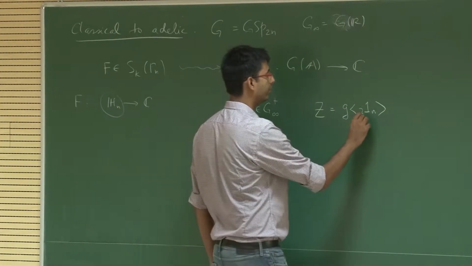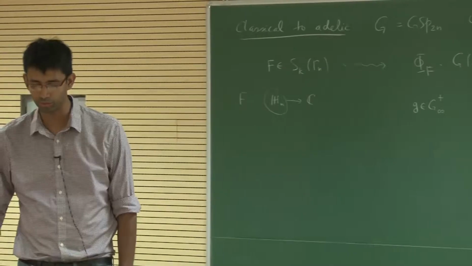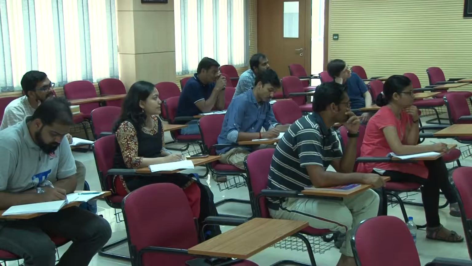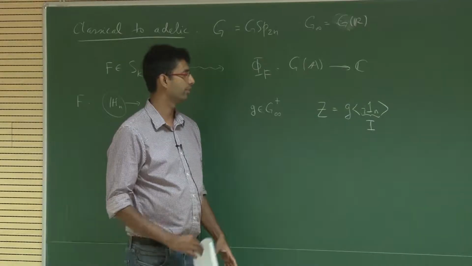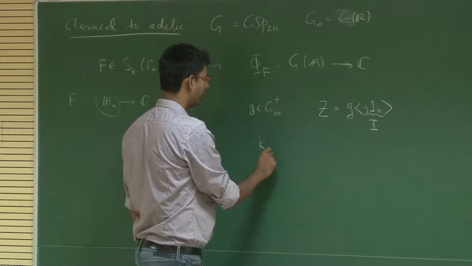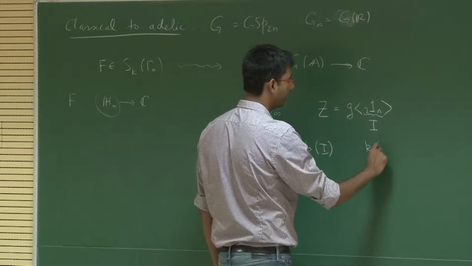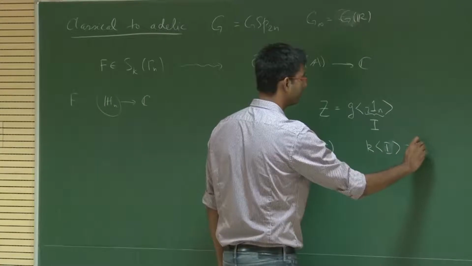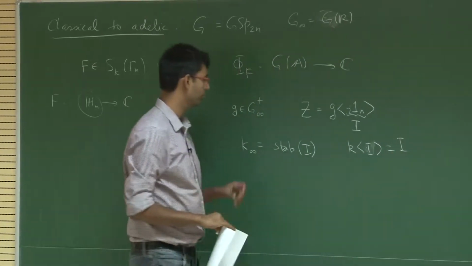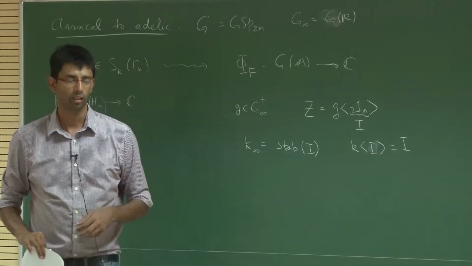For every Z you can get a g, and I am going to abbreviate this as a capital I, where capital I is square root of -1 multiplied by the identity. Of course, many such g give you the same Z, and the stabilizer of this point is exactly your K_∞, the stabilizer of I. So K·I is equal to I, and this is exactly those matrices (x, y; -y, x) that we had looked at.